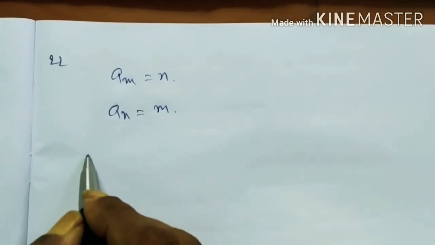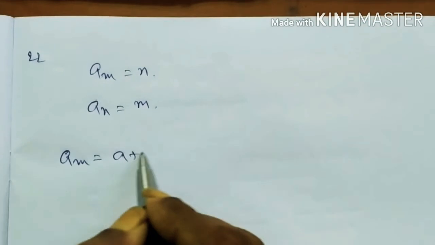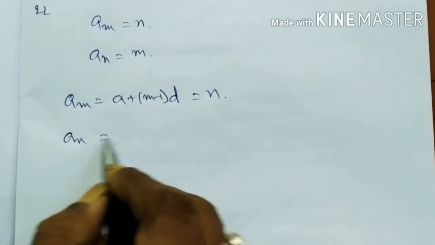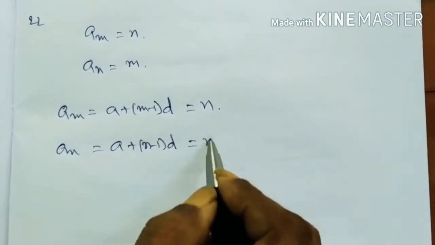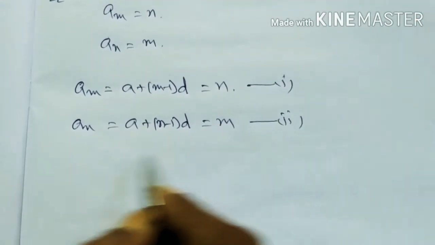Therefore a plus (m minus 1)d is equal to n, and a plus (n minus 1)d is equal to m. This is equation 1, this is equation 2.